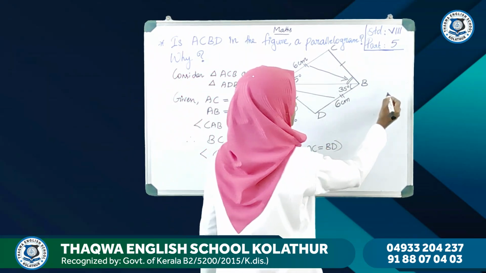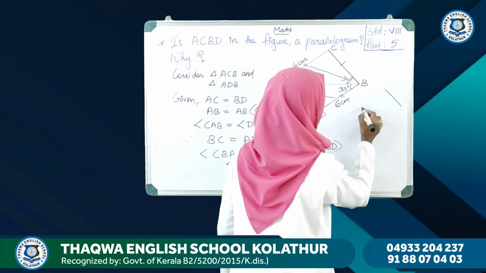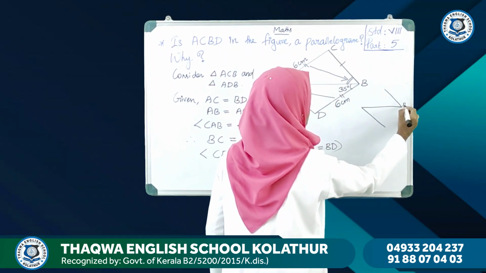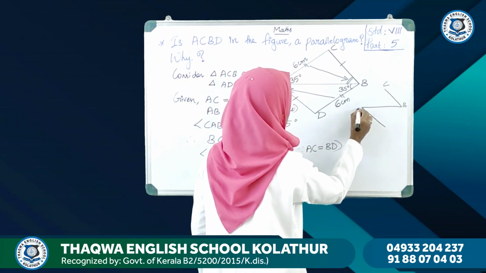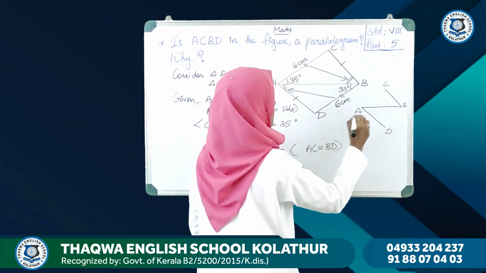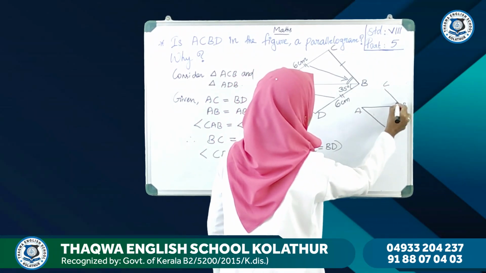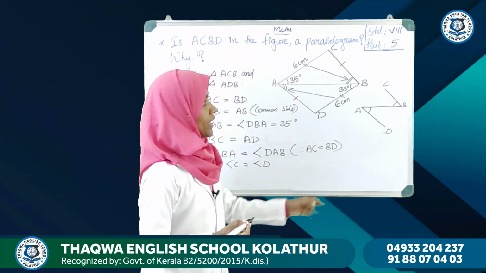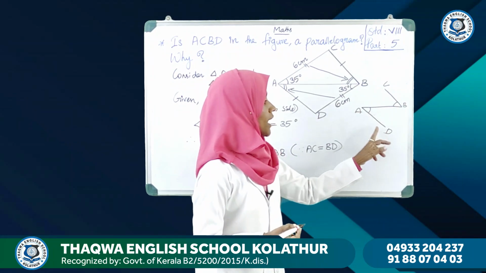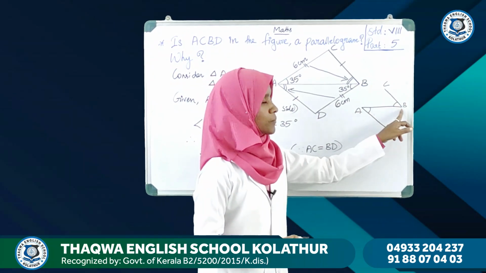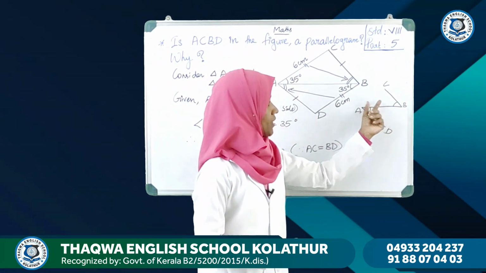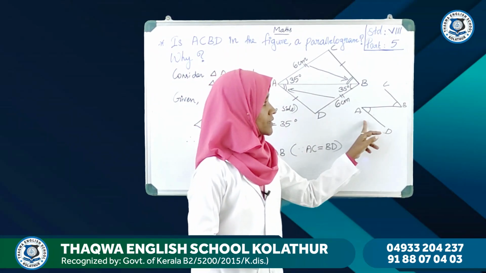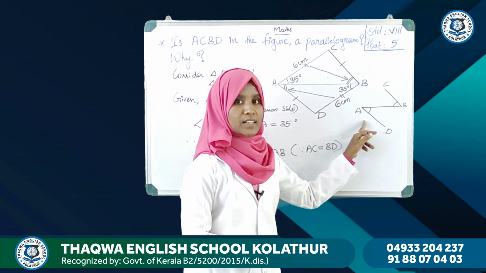Okay, now listen. For BC and AD, these two angles are equal. Angle CBA and angle DAB are equal. What about these angles? Yes, these are alternate angles.